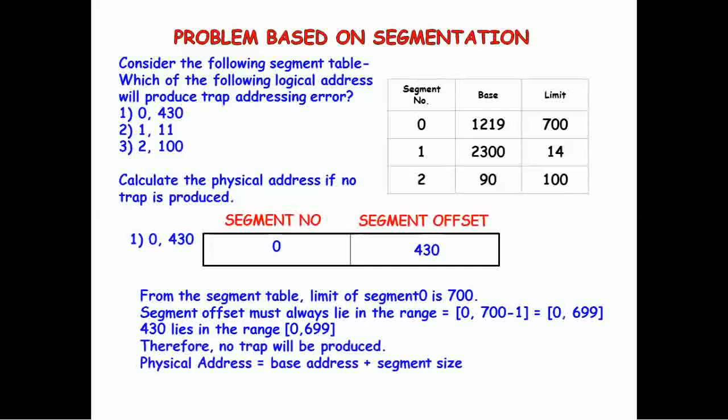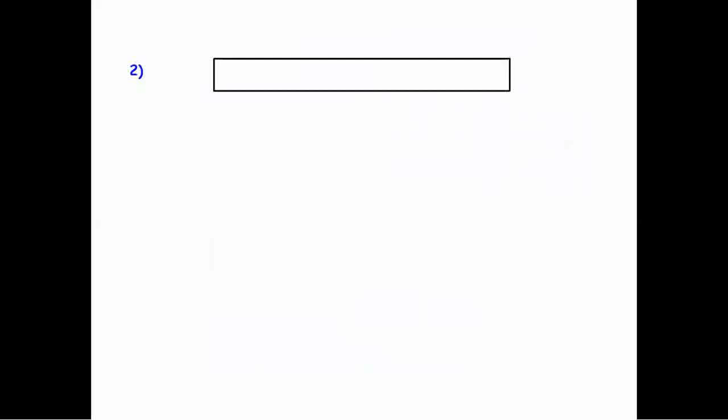If these are added, then the physical address will be produced. We know the base address of segment 0 is 1219 and segment size is 430. If we add both these two values, we will get the final answer as 1649. So this is the corresponding physical address for the given logical address. Let us see the next problem.